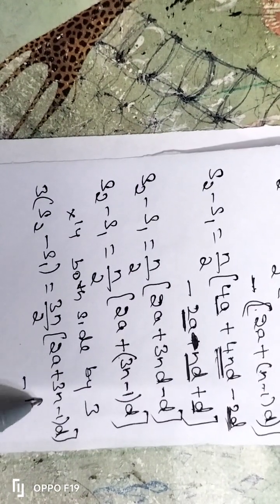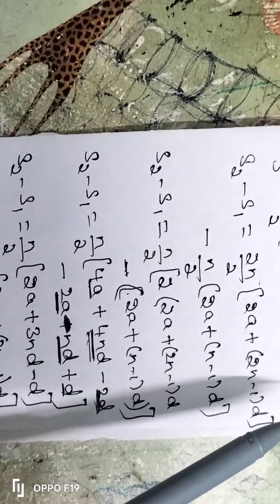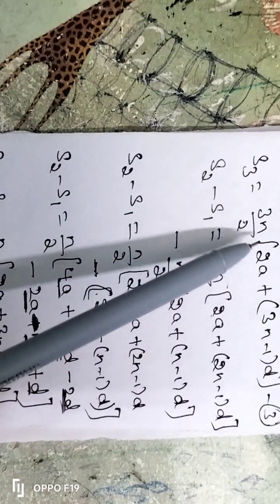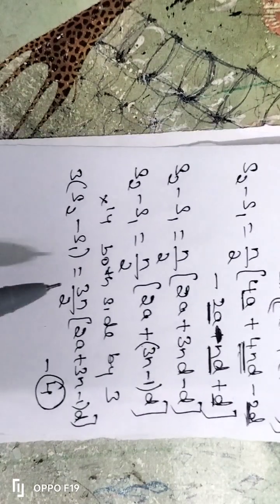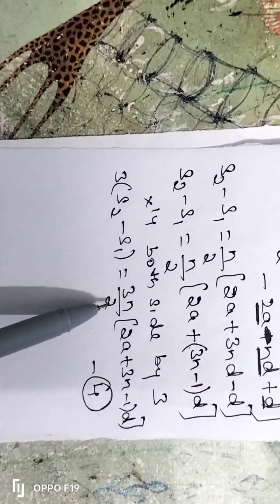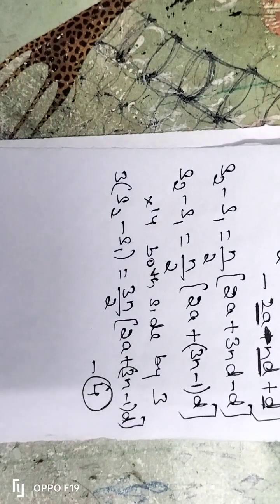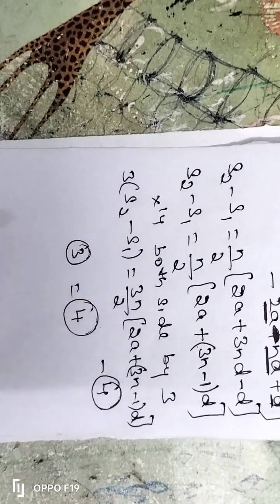Call this as 4. Now compare 3: 3n by 2 into 2a plus 3n minus 1 into d. Compare 4: 4 is what? 3n by 2 into 2a plus 3n minus 1 into d. So now equation 3 and equation 4 are both equal.